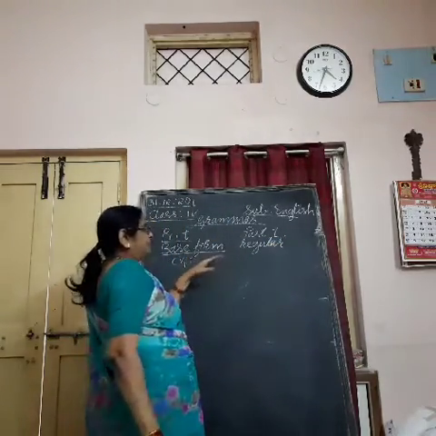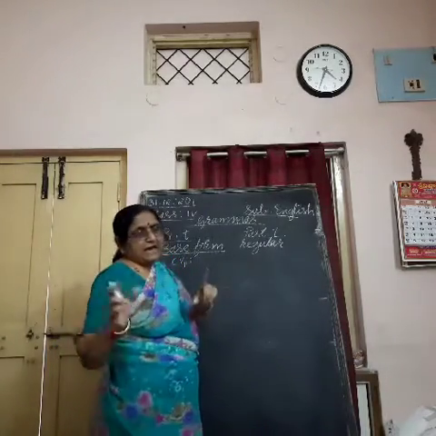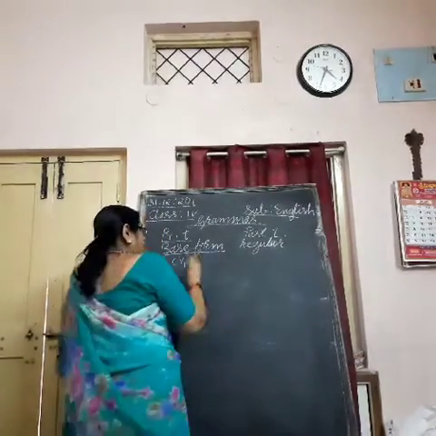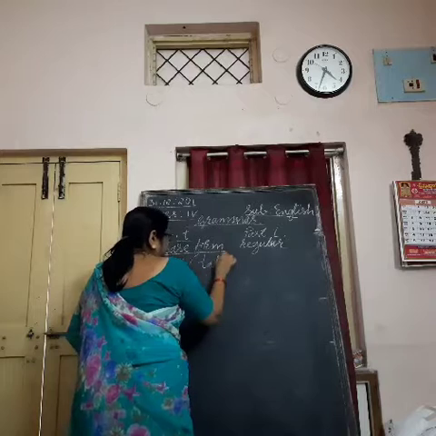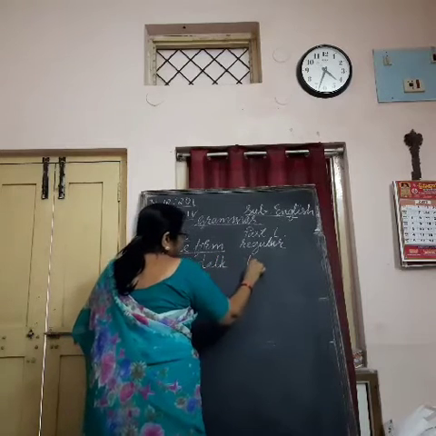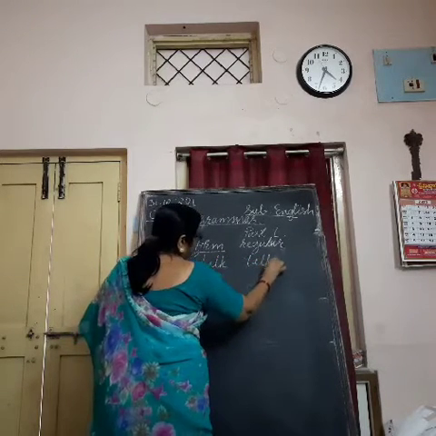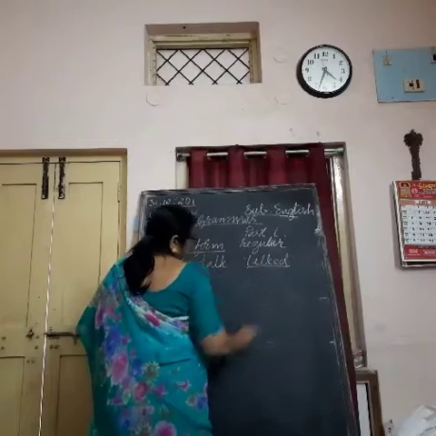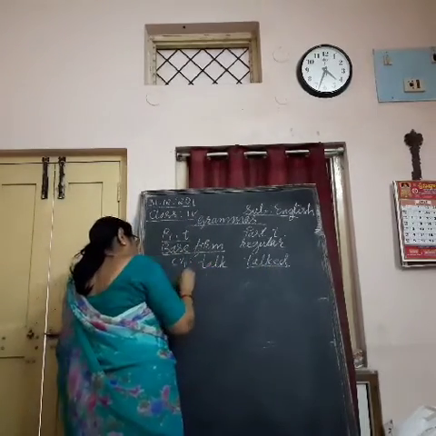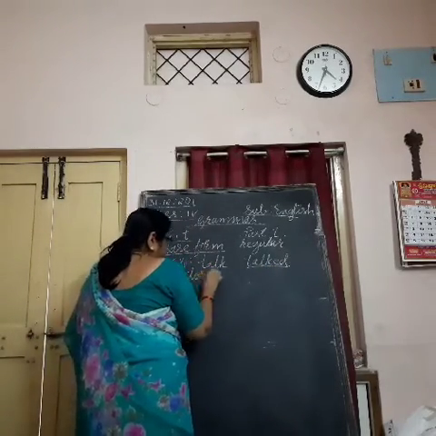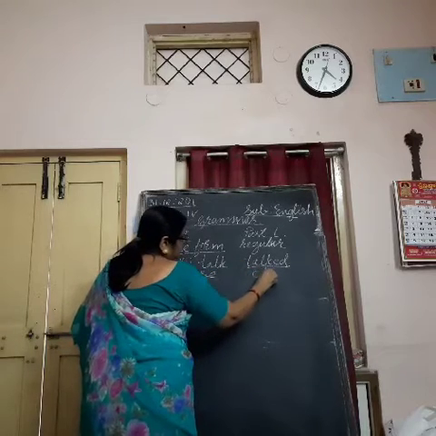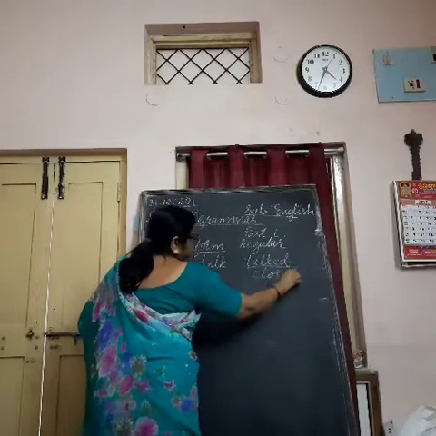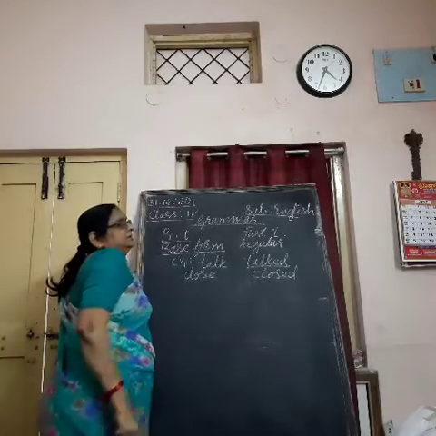In regular form, what do we do? We just add ed to the word. For example, talk plus ed, talked. Close: already E is there, so we write only D, closed.